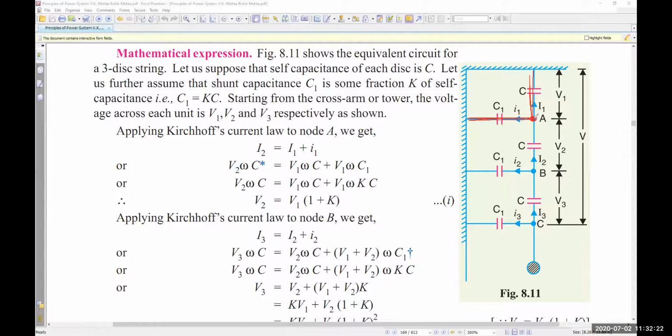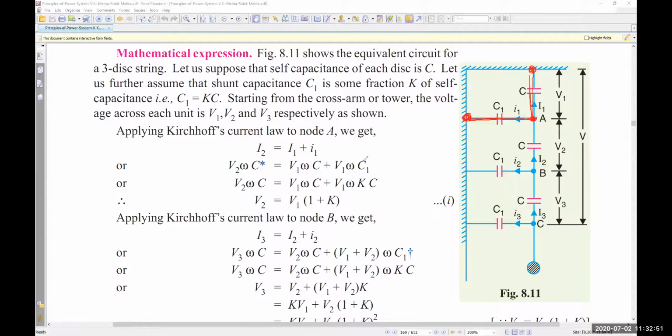Between this point and this point, what is the voltage? V1. This point and this point are also common. So if this voltage is V1, this voltage is also V1. That's why they have written V1 omega C1.